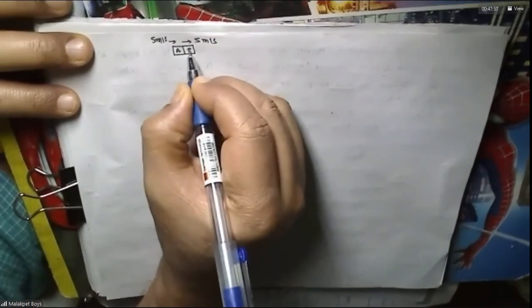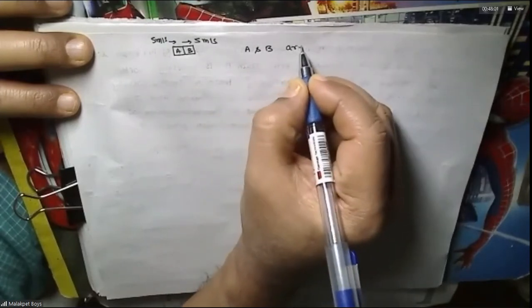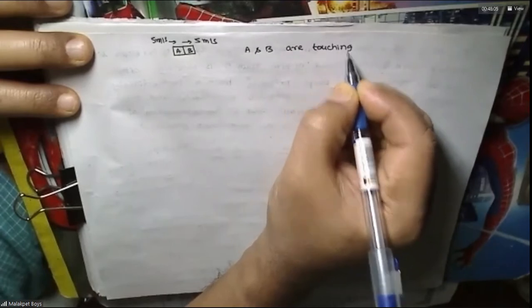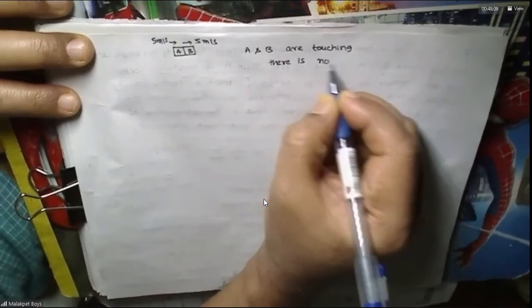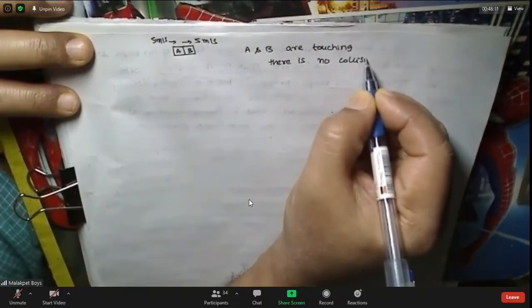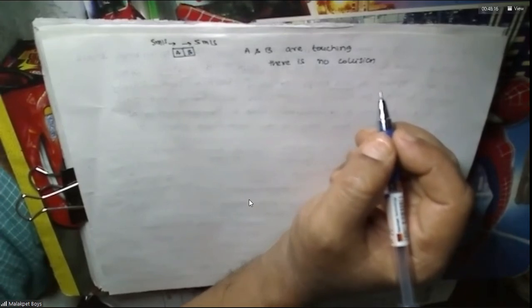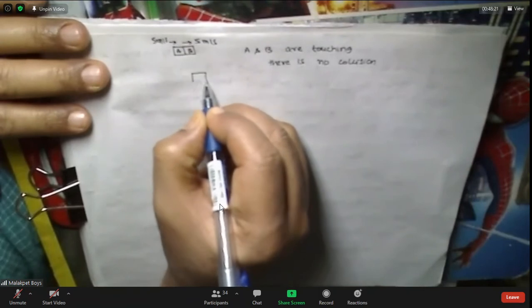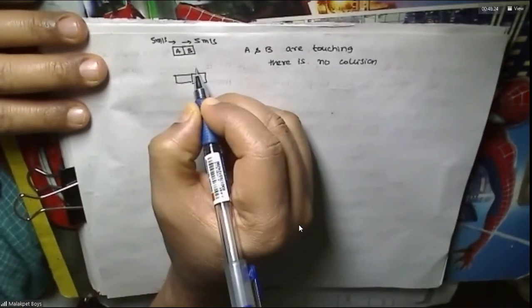No. Here A and B are touching, there is no collision. Like you just touch the cheek of another fellow, no problem. You slap it, he'll get irritated or not?